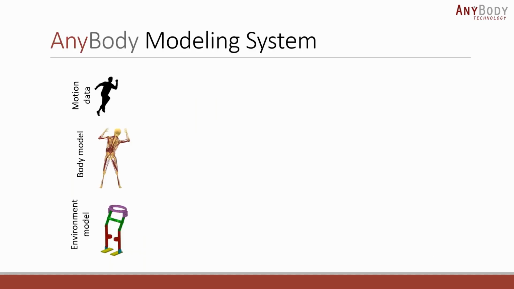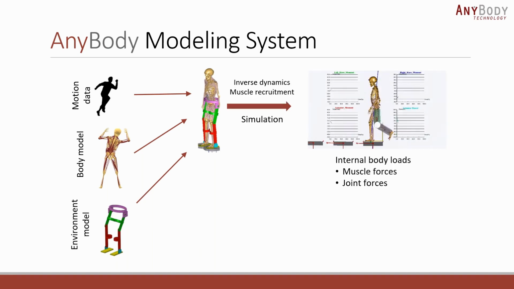A typical workflow with the Anybody modeling system could look something like this. You would have the following inputs: motion data, and you will combine those with a body model and some sort of environment model that you build yourself, or maybe that comes from a CAD file. When you combine those things in the Anybody modeling system, you end up with a full model that you can run simulations on. And those simulations are what we call inverse dynamic muscle simulations.